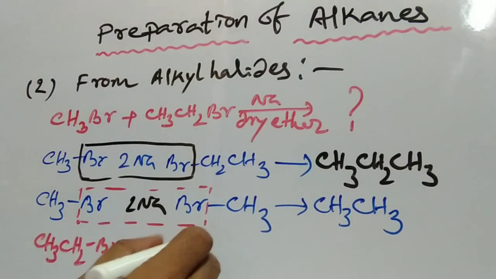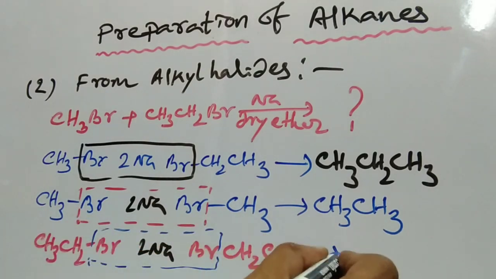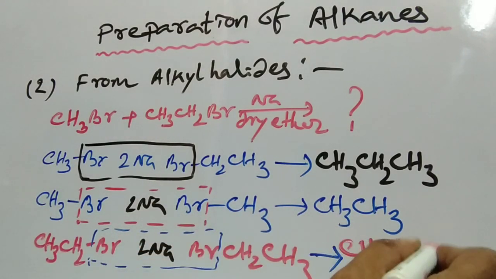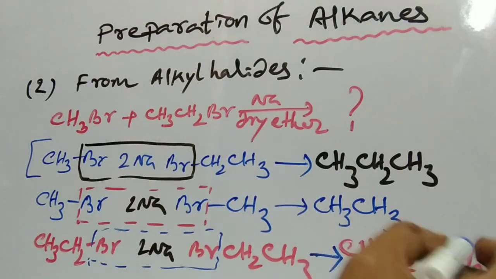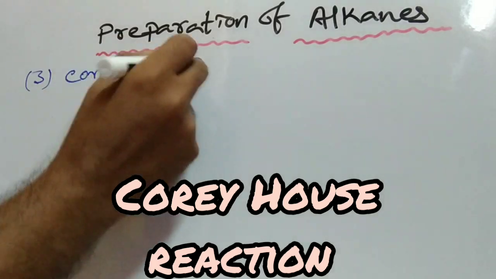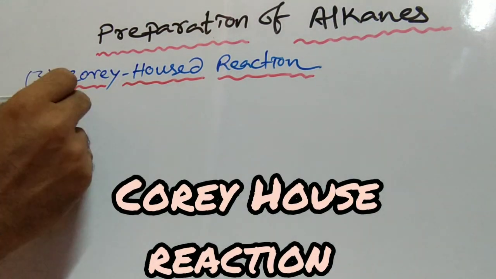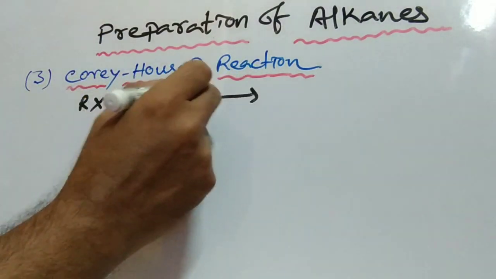Therefore, Wurtz reaction cannot be used to prepare pure alkanes with an odd number of carbon atoms, because it is difficult to separate the mixture obtained. Wurtz reaction doesn't give good yields of unsymmetrical alkanes, that is, those containing an odd number of carbon atoms.